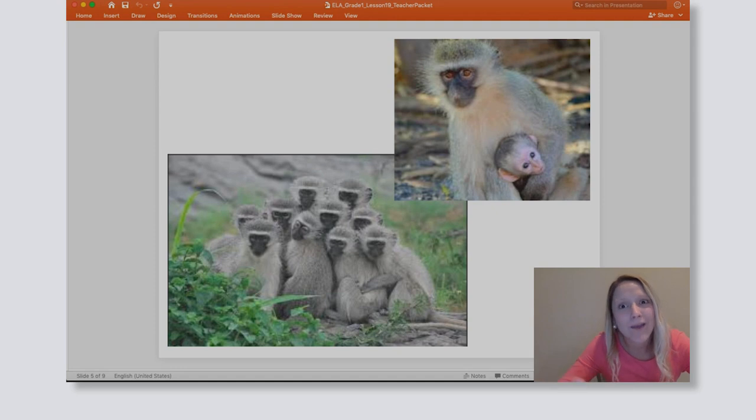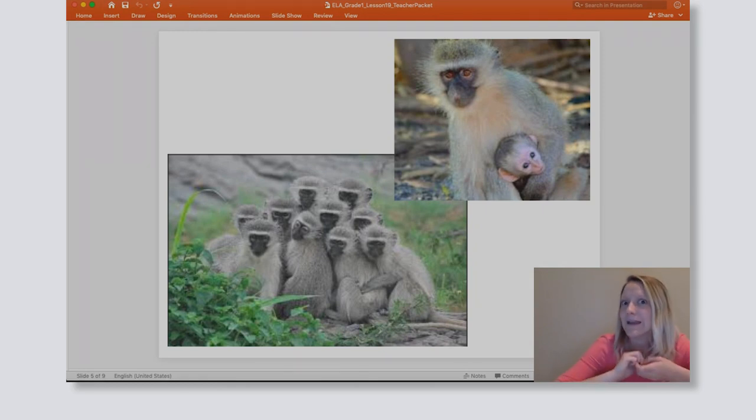He snuck away from the giant, right? Now, he says that these monkeys are straying youngsters. So straying, if they're sneaking away, must mean what? Yeah, it means to go away from where you're supposed to be.